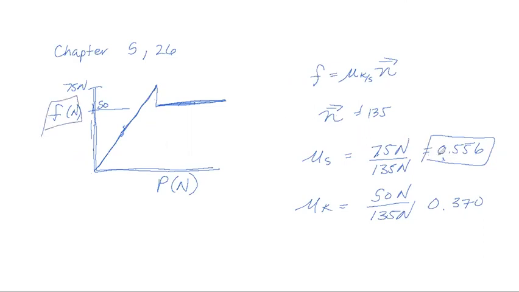Because if I hold my coefficient of friction steady but double my normal force, this friction is going to double. The friction is a function of the contact force plus the surface quality, the coefficient of friction. And that is problem 26.